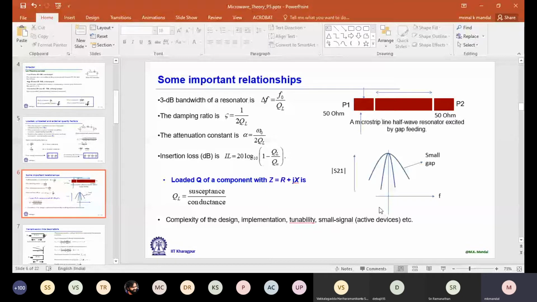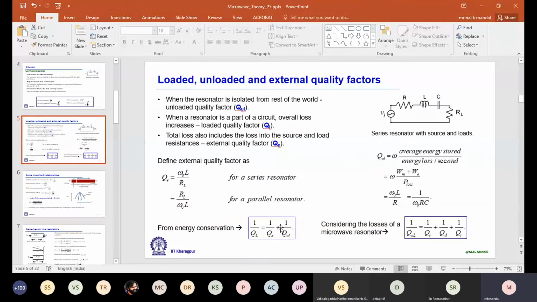Now, what is external quality factor? The power which is lost into your port 1 and port 2, we have to take that into account, and that is represented by Q external. And if you know any two of them, then you can use this formula and calculate the third remaining one.